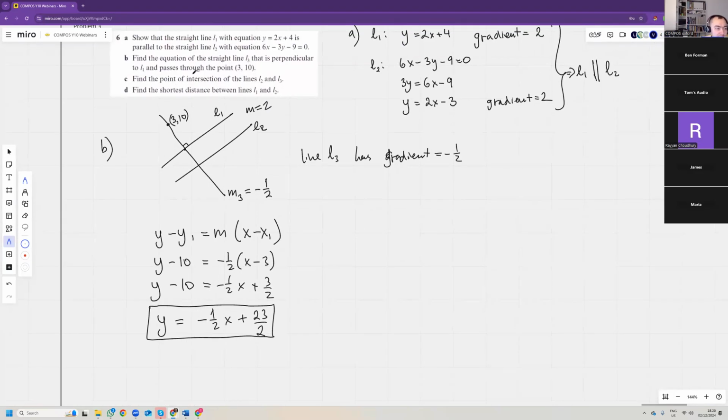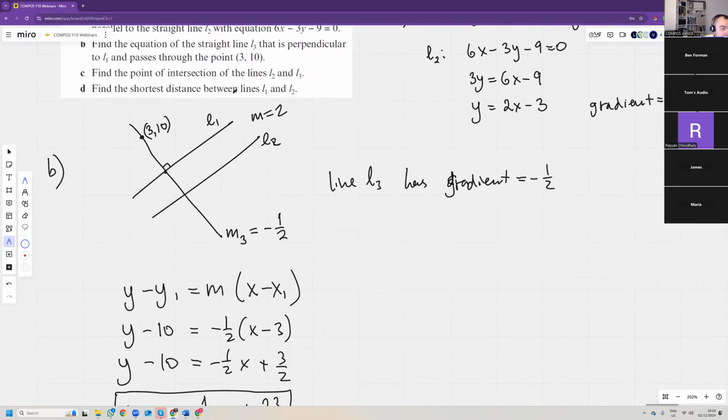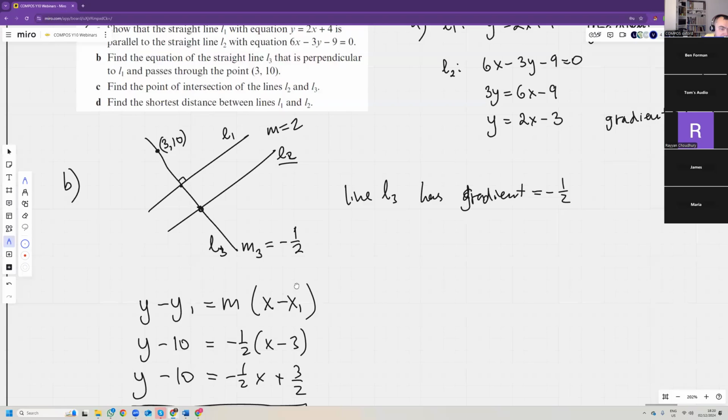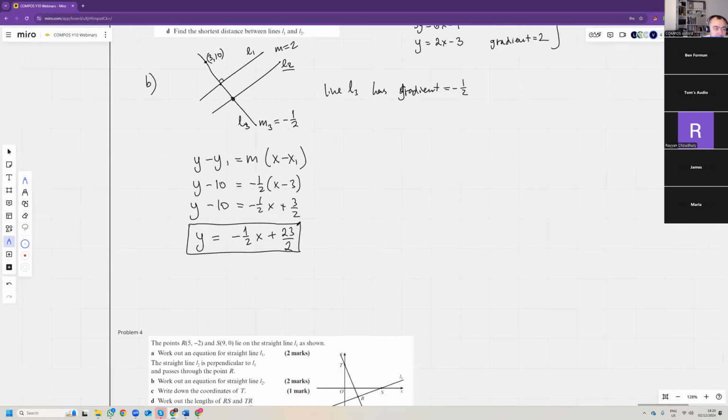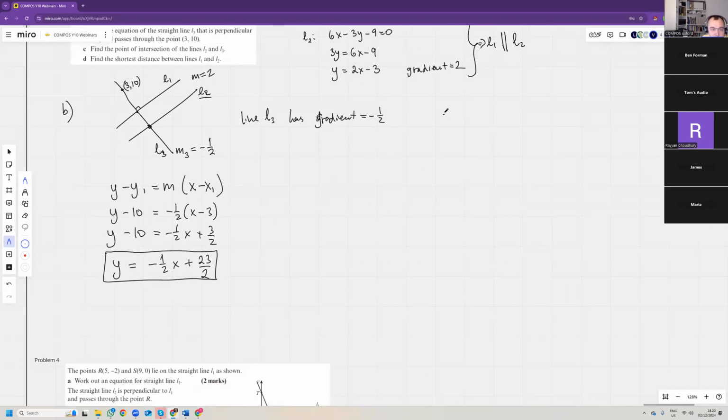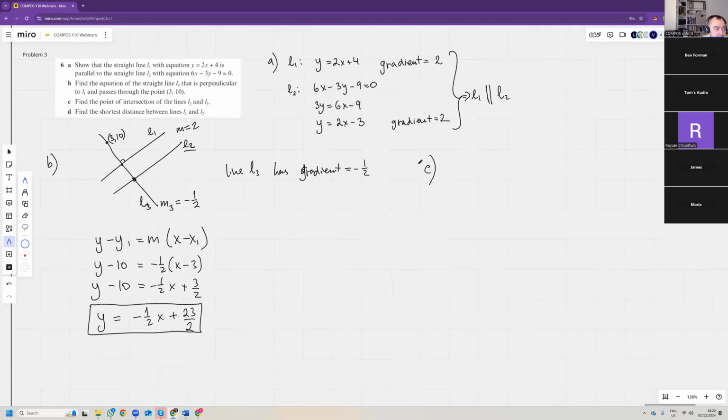Find the point of intersection of lines L2 and L3. So where does L2 meet L3? This is line L3. L2 meets L3. To find the intersection of two lines, you need simultaneous equations.